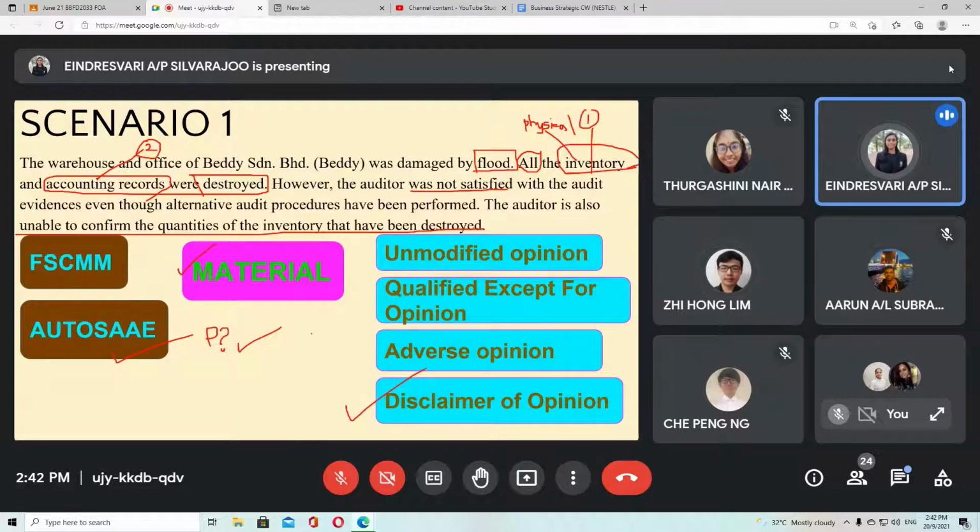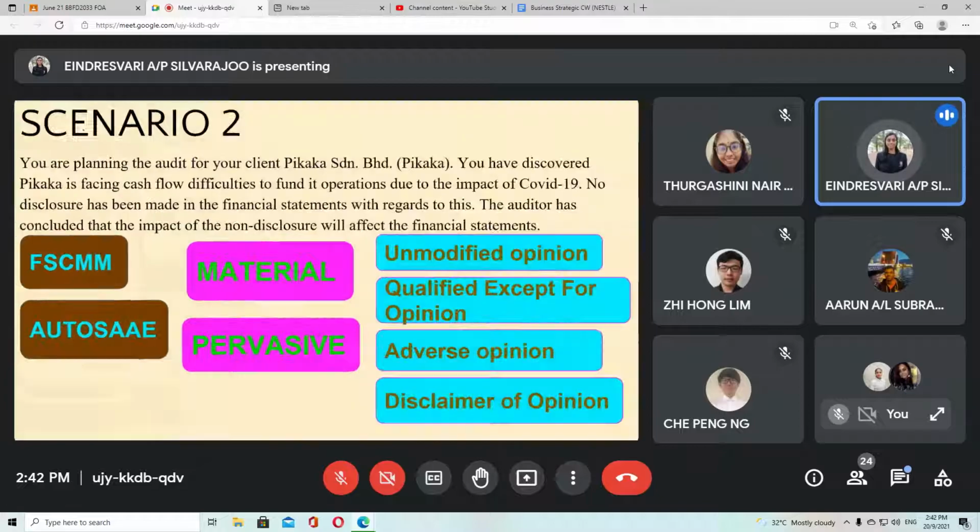Disclaimer. Yes, disclaimer of opinion. Next question: you are planning to audit for this client PKK, and PKK is facing cash flow difficulties, and PKK did not make any disclosure in the financial statement. FSCMM or auto say?